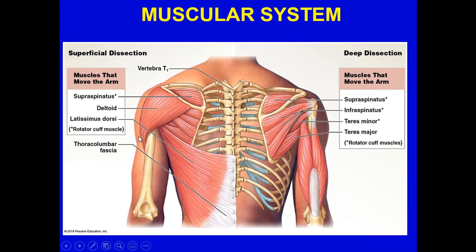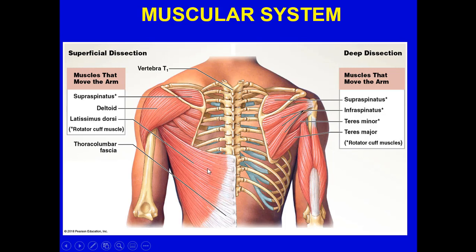Then when you do the posterior view, what do you see? The supraspinatus right here onto the scapula, the deltoid, the latissimus dorsi, this huge sheet here, and then aside of it is the thoracolumbar fascia. And you notice how they're all attached nicely to these spinous projections from the vertebrae.